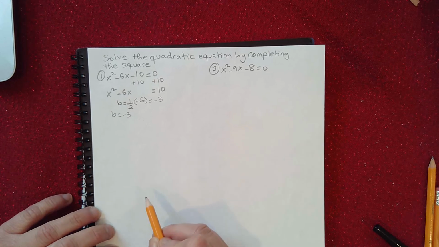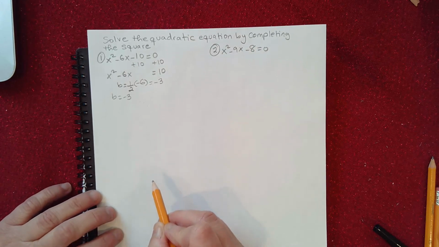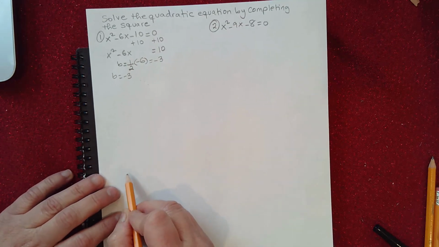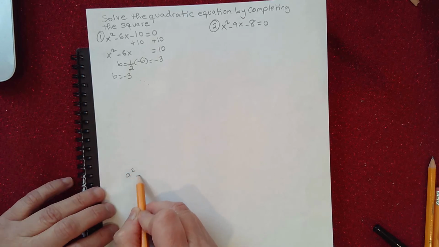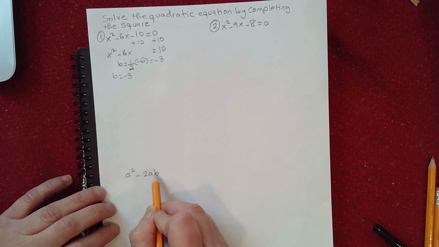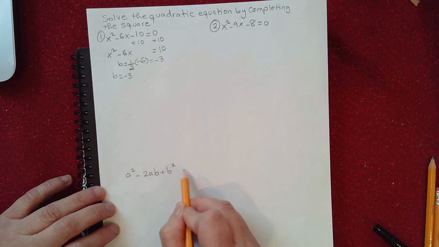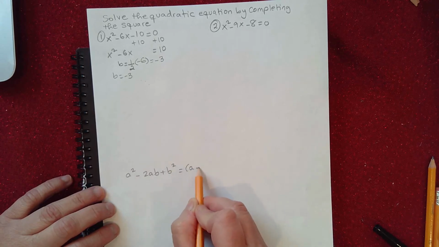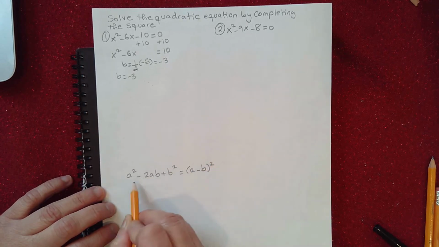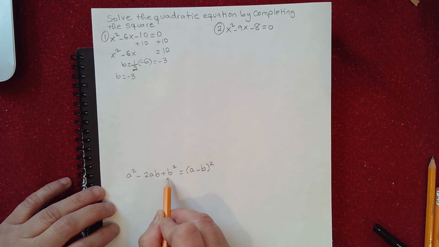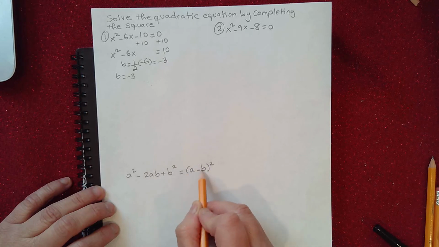But if you recall from our formula, I'm going to write it down here: a squared minus 2ab plus b squared equal to (a minus b) squared. This is a perfect square trinomial, right? And this is the square of the binomial.